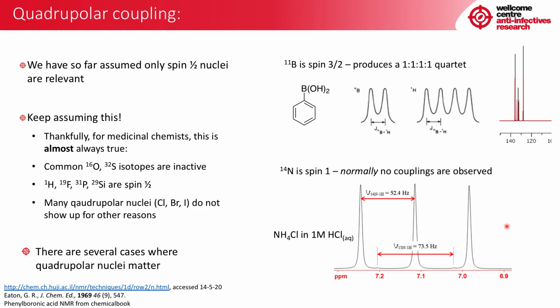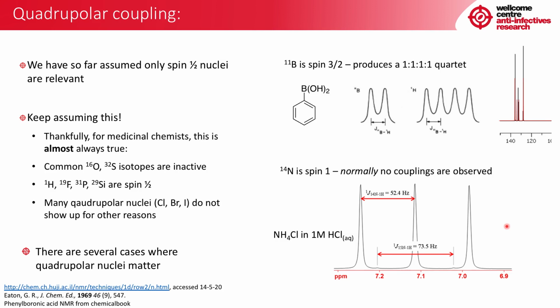There are, however, a few cases where quadrupolar nuclei do matter. And a major one, possibly the major one, is boron-11. It's about 80% abundant. Actually, boron-10 is also NMR active, but the couplings will be smaller, so you're less likely to see them.